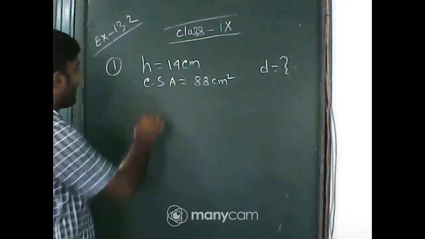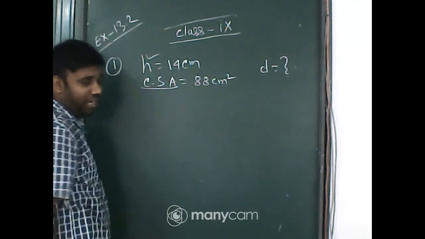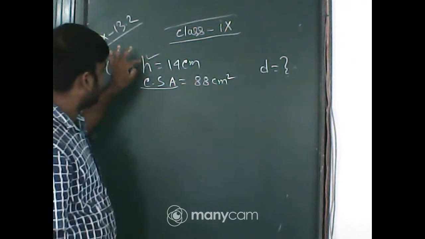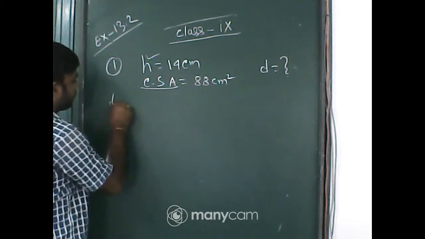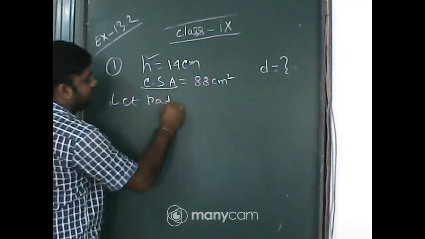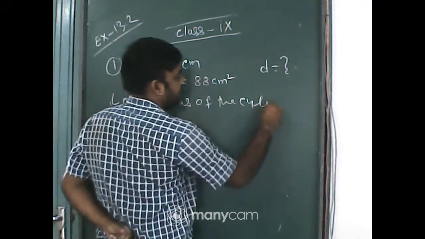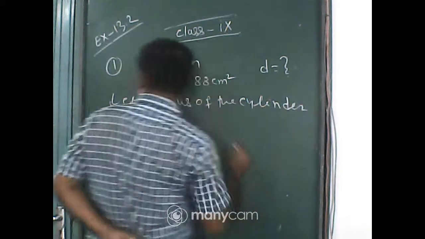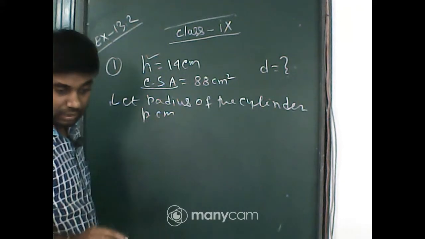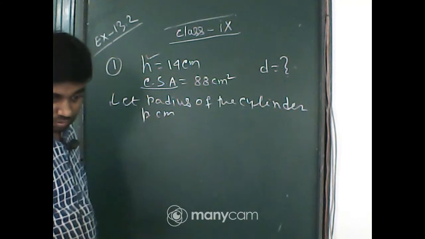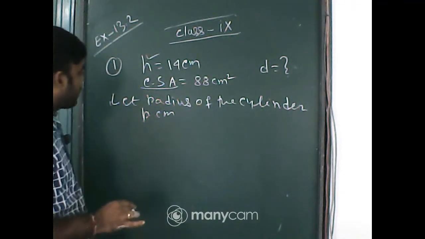First of all, students, we have the height of the cylinder, that is 14 centimeter. Let the radius of the cylinder be r centimeter.